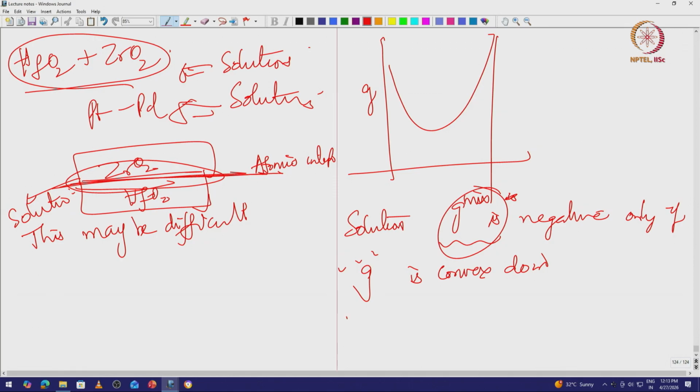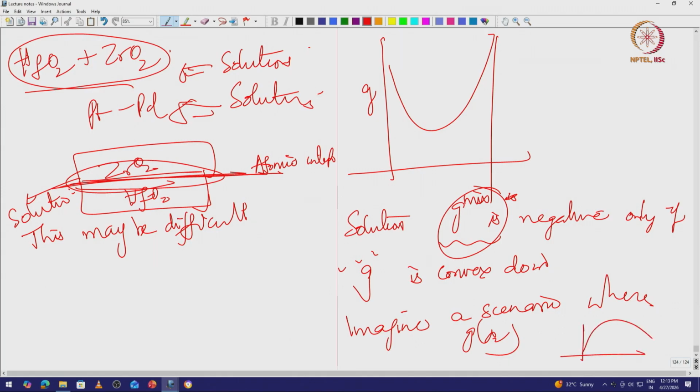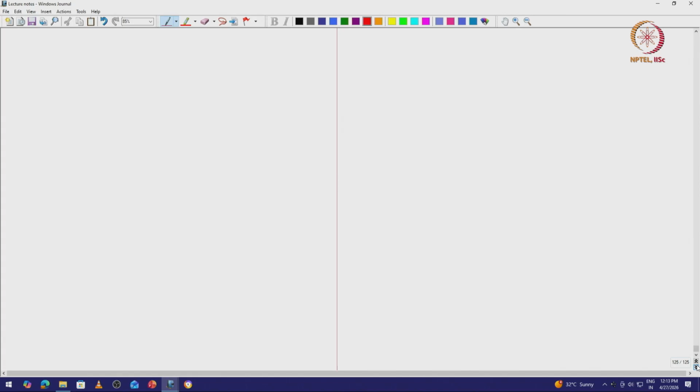Okay. Now, imagine a scenario, we will actually look at this, where G as a function of x2 is not convex down, but it is convex up or something like this. So, G as a function of x2 is like this. Okay. This is possible, I mean it is not impossible, we will look at what conditions make it possible.